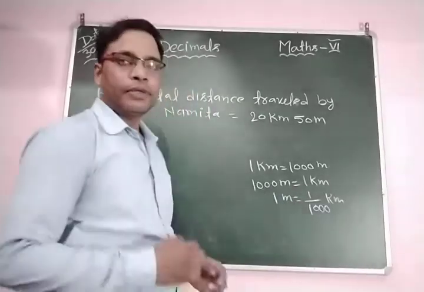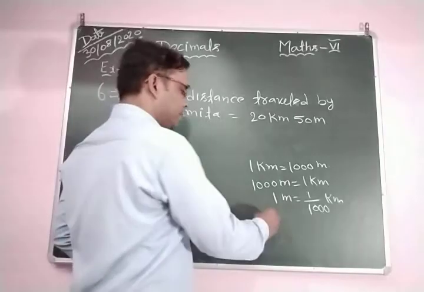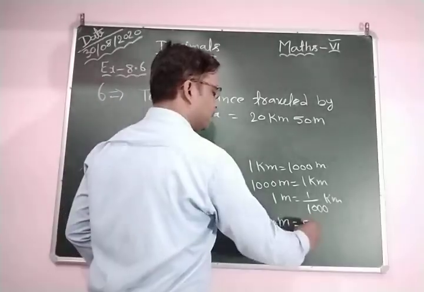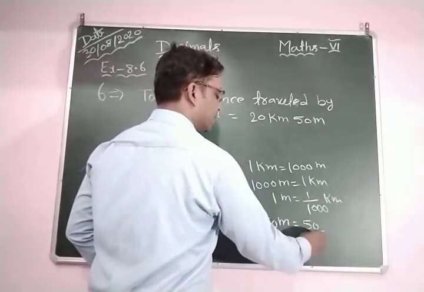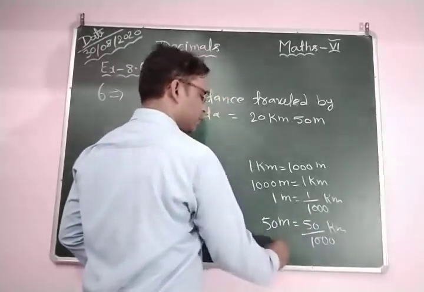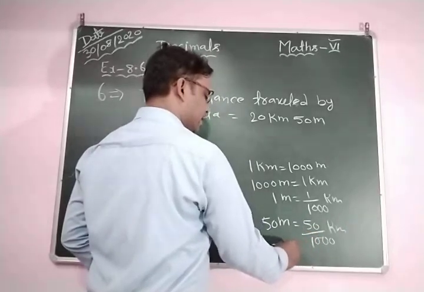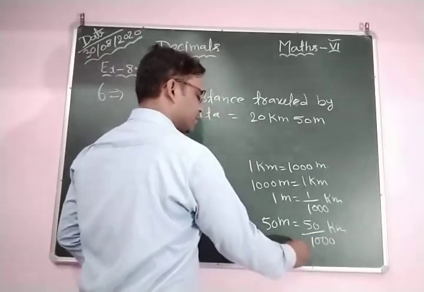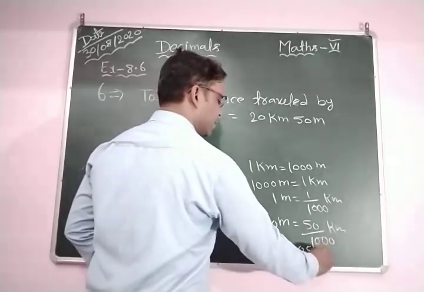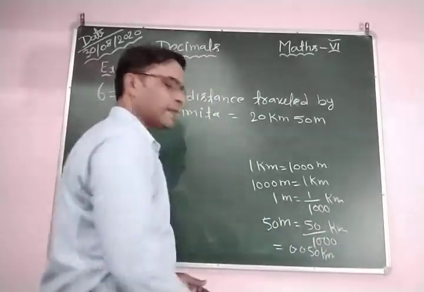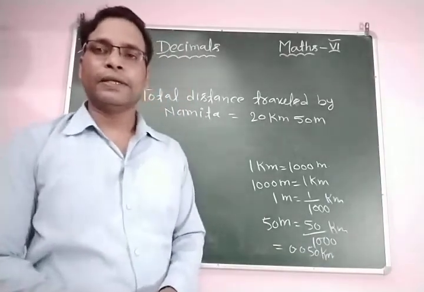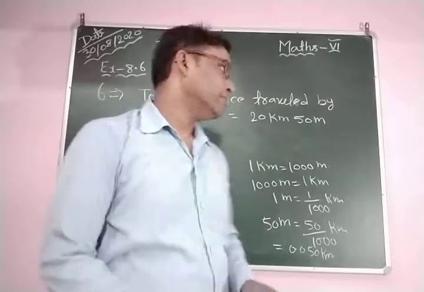But we have 50 meter, so 50 meter is equal to 50 by 1000 kilometer. So this is equal to, you can write here, 0.050 kilometers. Okay, so I hope all of you understood how to convert meter into kilometer.